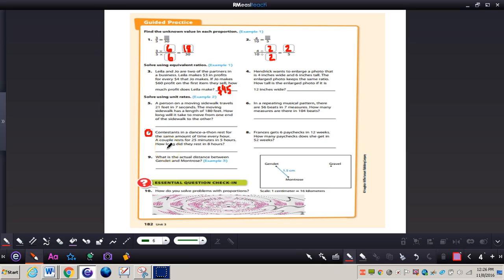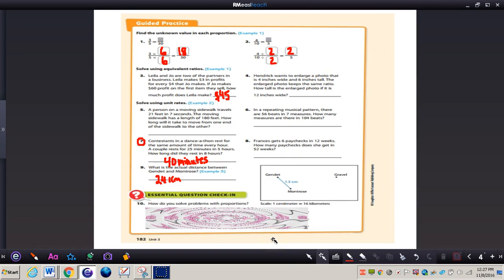So you can see the answer for number 7 is 40 minutes. Now if you're missing these problems, you may want to just rewind this video and watch some of these sections over again. And now I'd like you to work on number 9, and you can work on that now. Now you can see the answer for number 9 is 24 kilometers.